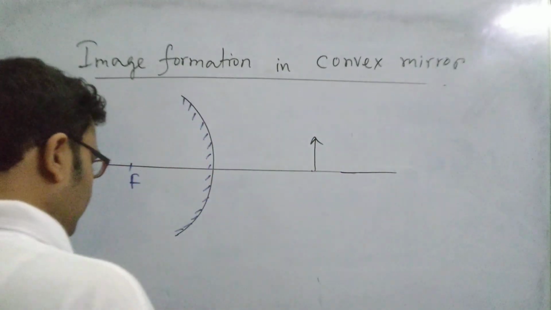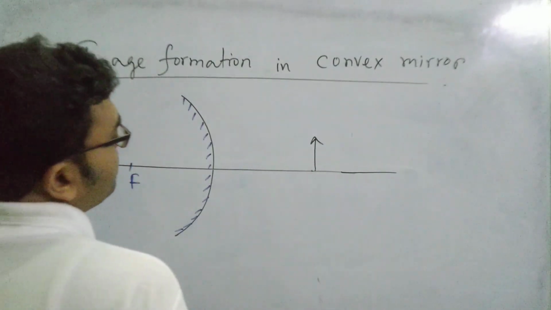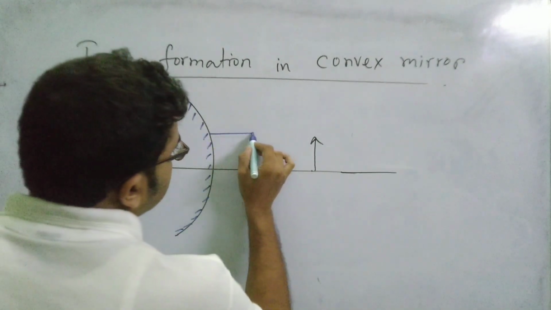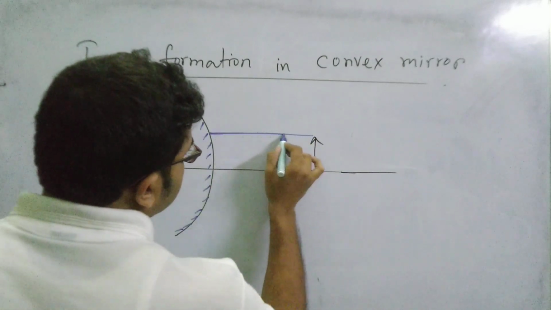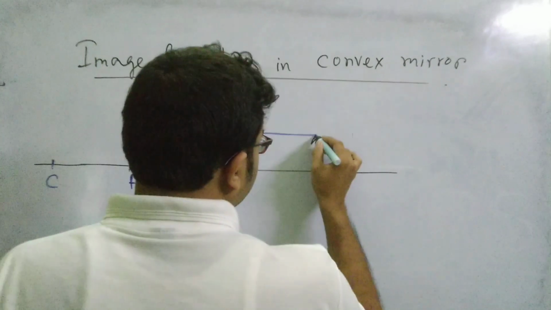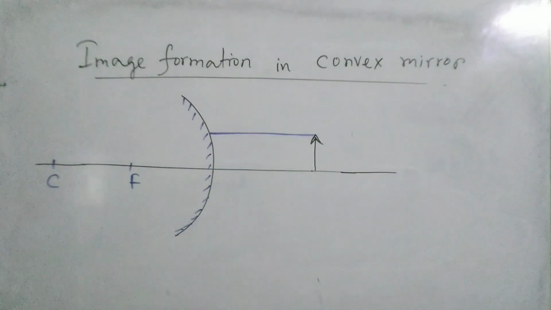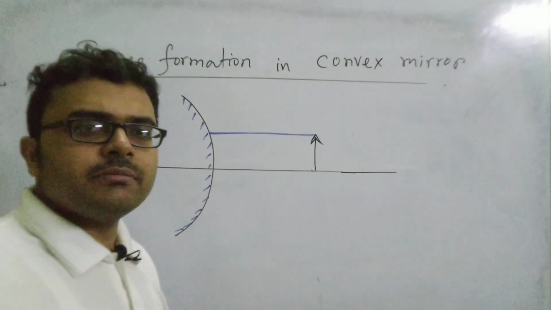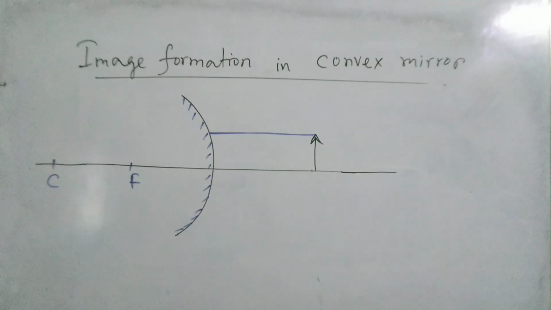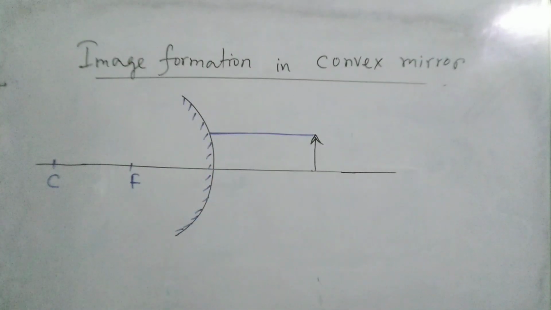Now we have to take at least two rays. Let us take one ray which is incident parallel to the principal axis, like this. We know that the ray incident parallel to the principal axis gets reflected in such a way that it passes through the focus in the case of a concave mirror. In the case of a convex mirror, it appears as if it has been coming from the focus, or appears to be passing through the focus if it is traced back.